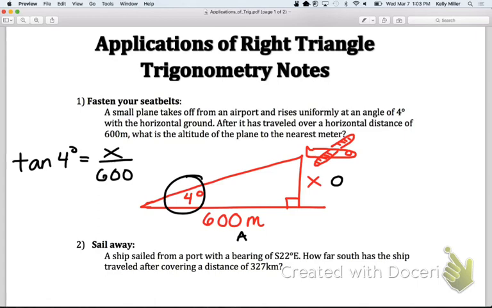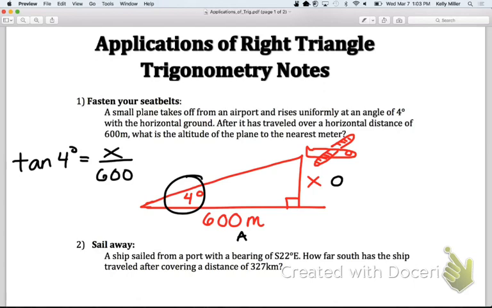Now we're rounding to the nearest foot. What do we got? I got 42 meters.